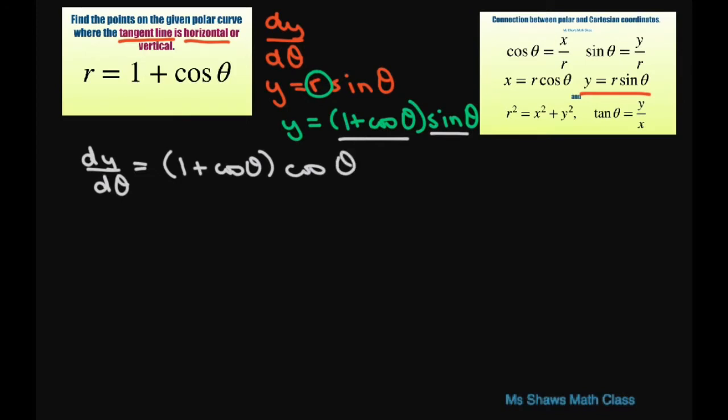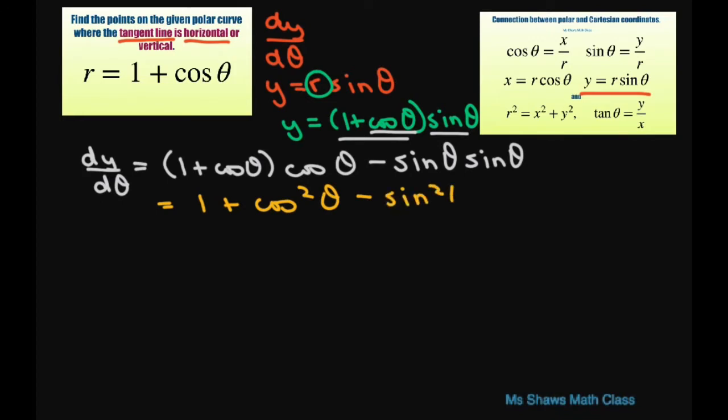And then you're going to take the derivative of cosine of theta, which is negative sine of theta, times sine of theta. This gives us, if we simplify, 1 plus cosine squared of theta minus sine squared of theta.